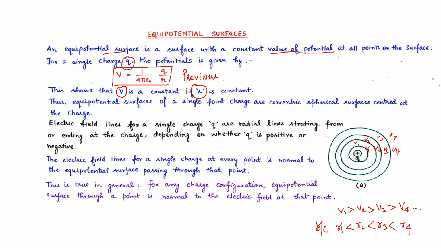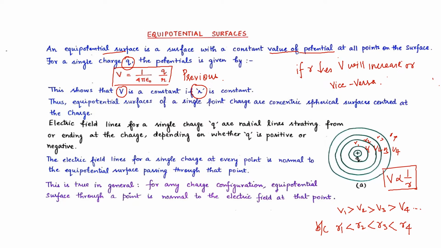So from here we understand that V is proportional to 1 by R. If V increases, R will decrease, or if R increases, V will decrease. I will write over here, if R decreases, V will increase, or vice versa.